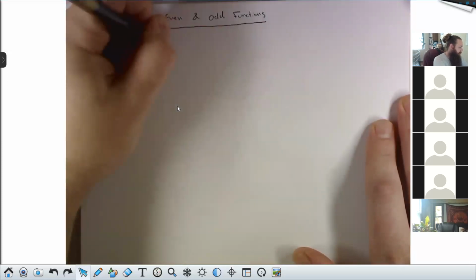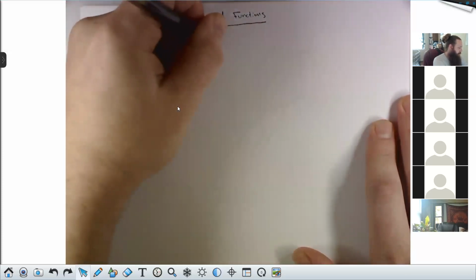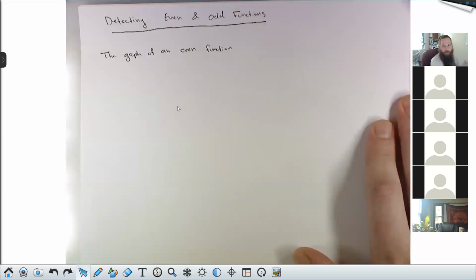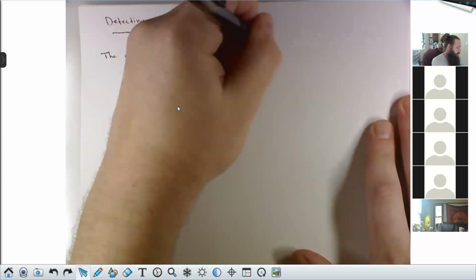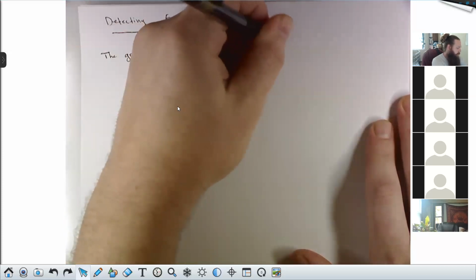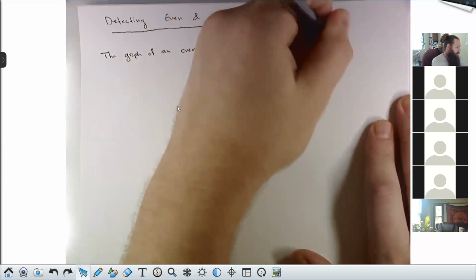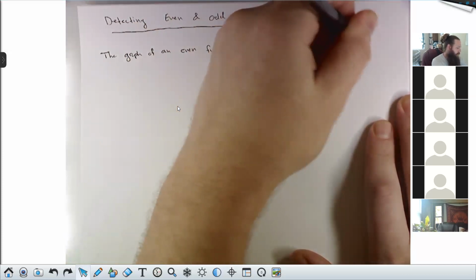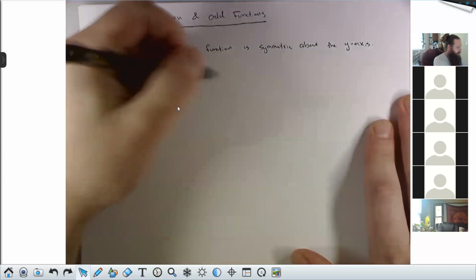The graph of an even function, we said it doesn't change when you reflect over the y-axis. Well, that means it's symmetric about the y-axis. Or the vertical axis, if it's some other variable that you're labeling your vertical axis as, it's symmetric about that.